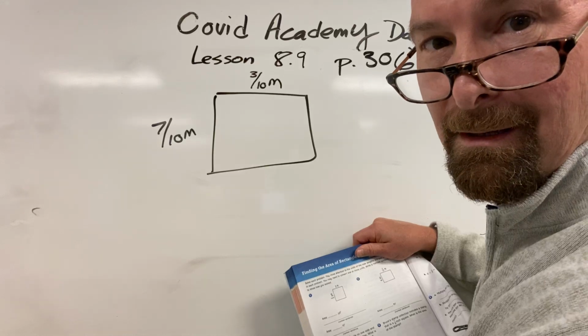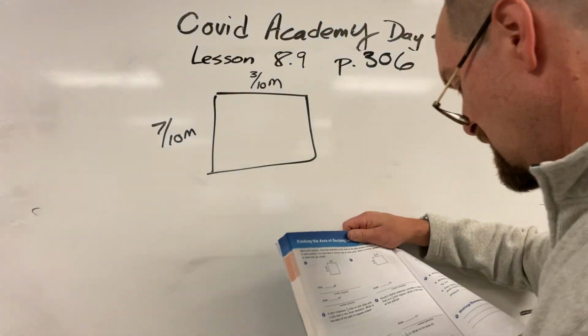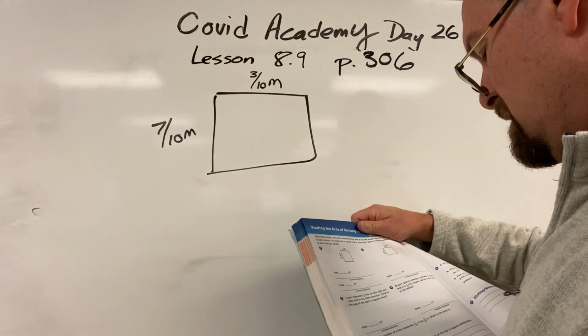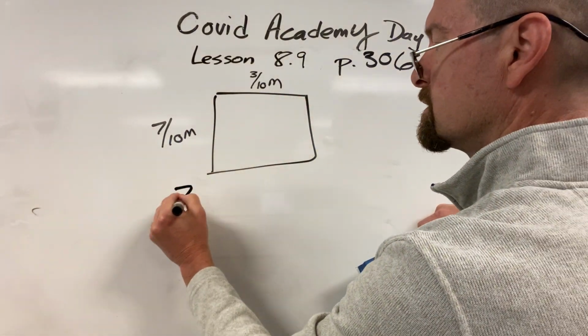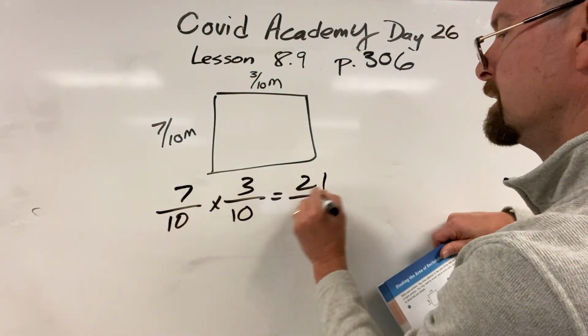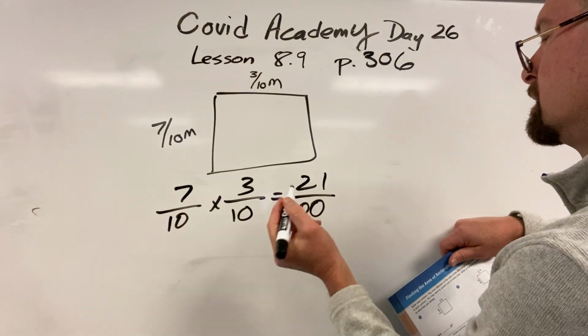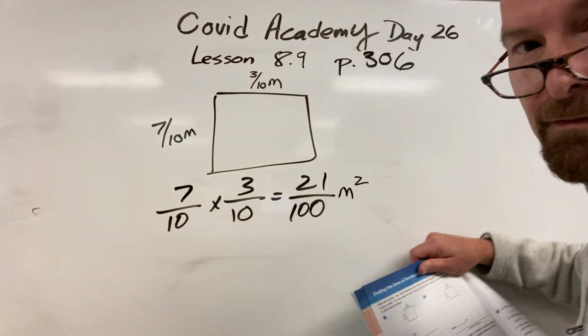I'm not going to redraw it. This is just for the purposes of illustration. What is the area in square meters? It's meters times meters, square meters. We just do 7/10 times 3/10, which is 21/100 square meters. That's the first part.